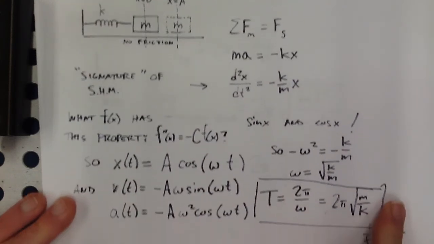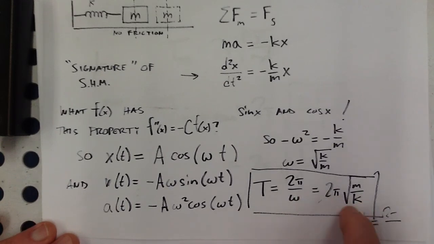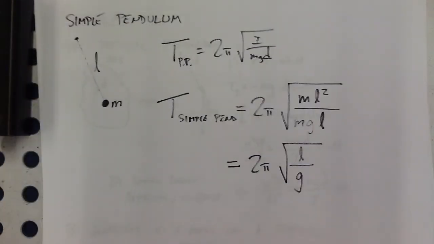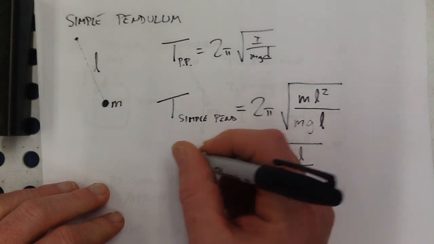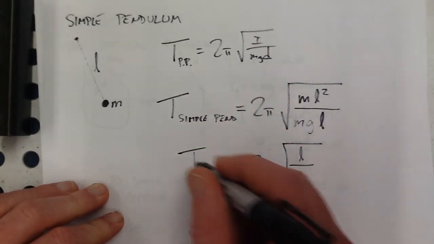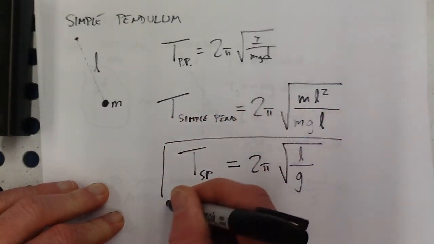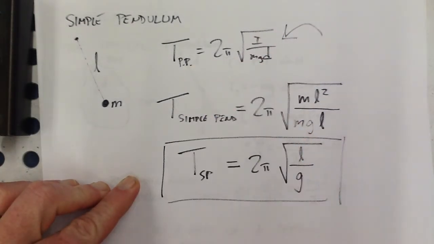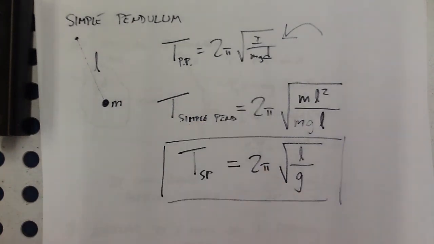You knew that already. And then period of a mass on a spring, that's on there. And this period of a simple pendulum, that is on there. This is not on there. So when this comes up in free response, you do have to go through the process of deriving that. All right, that's all I got for you right now.